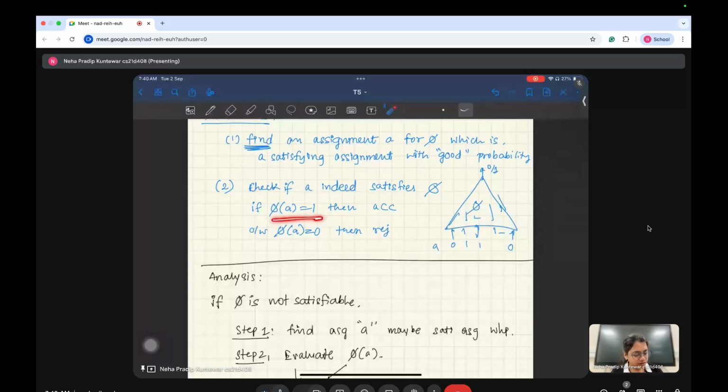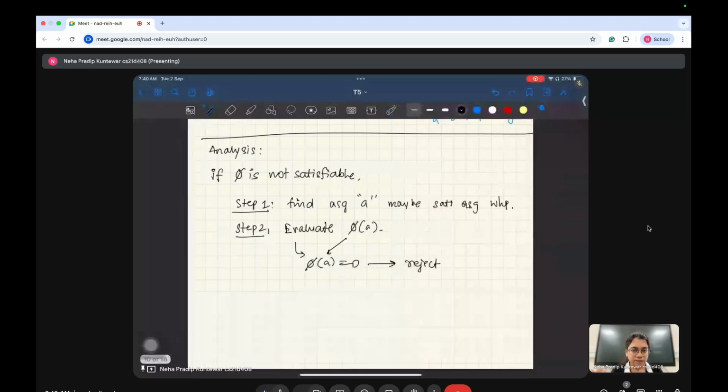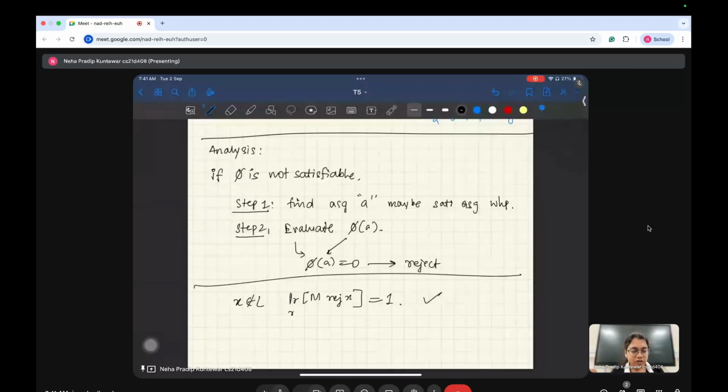So if phi is not satisfiable, we reject with a probability of 1. This achieves the main thing that we wanted: if x is not in the language, the probability that M rejects x is 1.